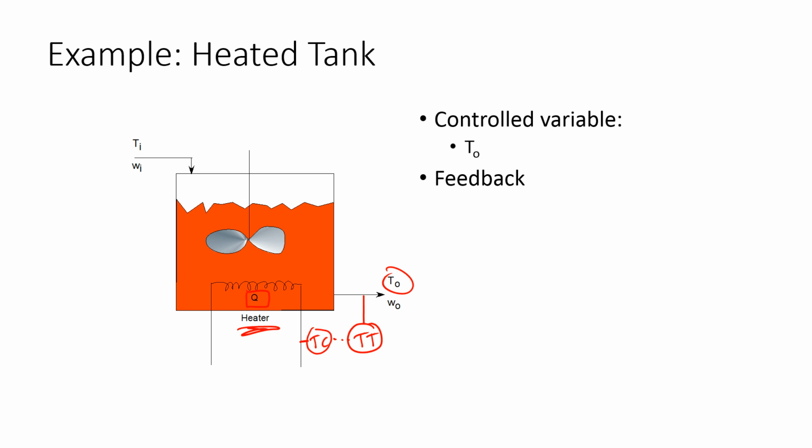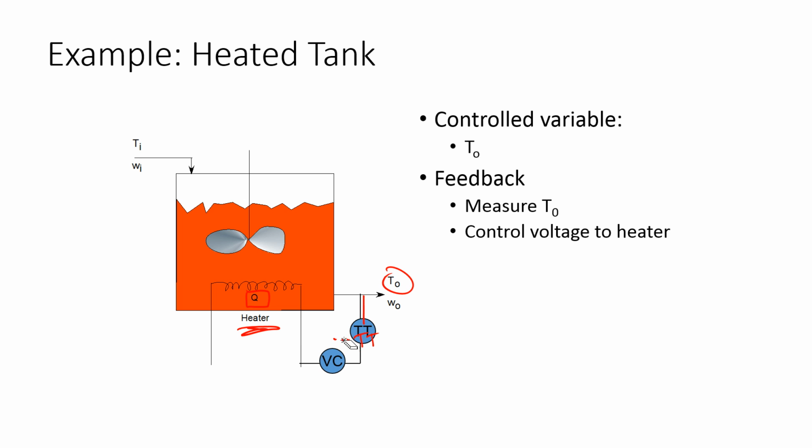So this is an example of feedback control, where you measure and control the same thing. Now I labeled voltage controller here, but really it's going to be a temperature controller for our reactor.